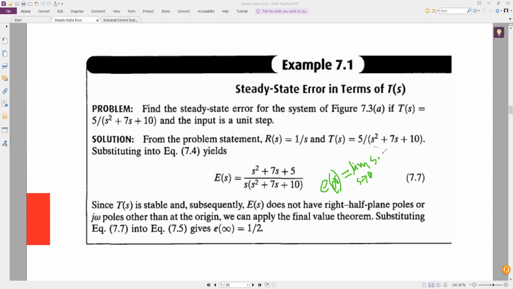Then s into (s square plus 7s plus 5) over s into (s square plus 7s plus 10), so s cancels out.